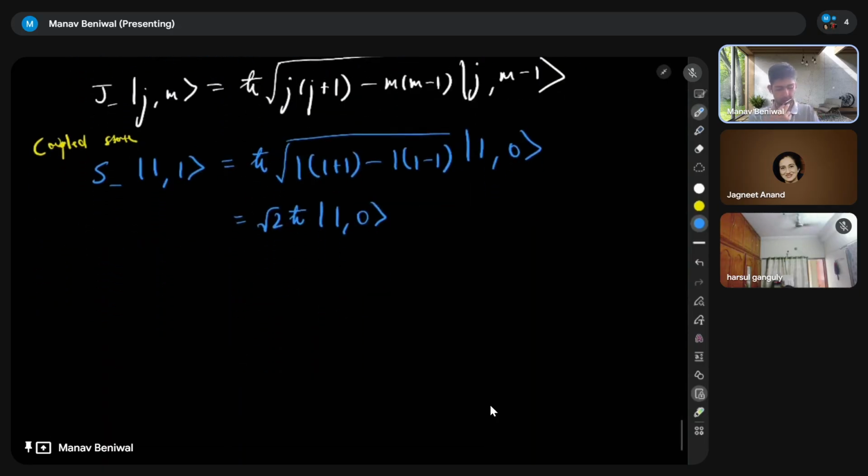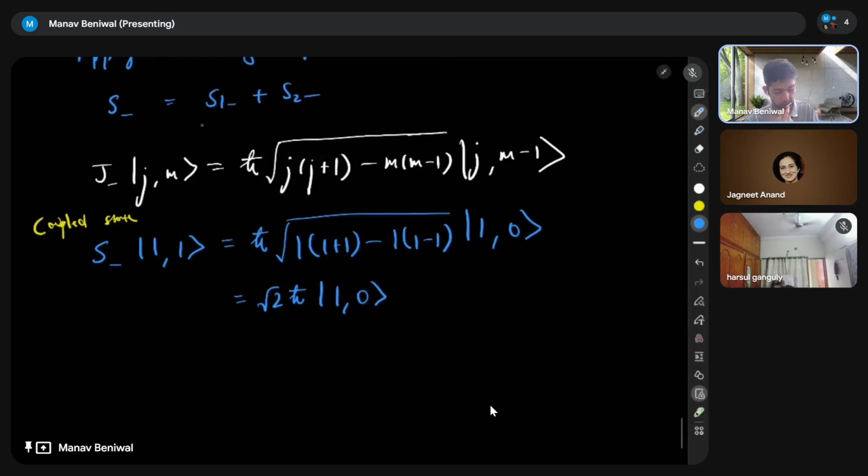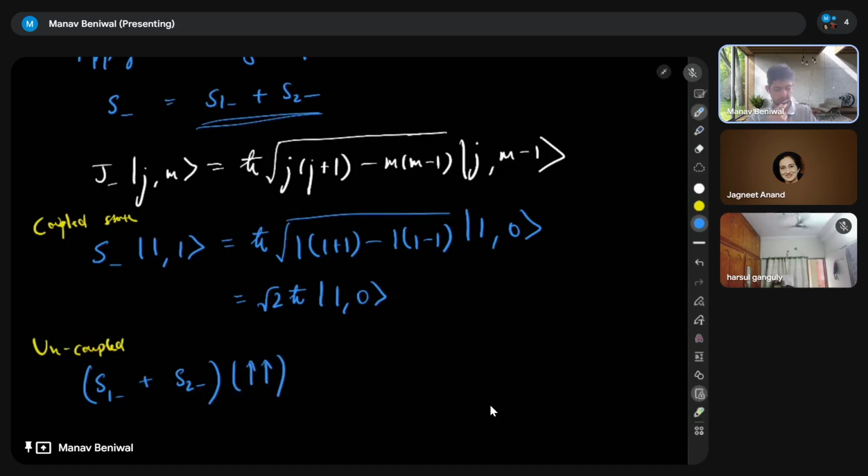Now I'll do this on the uncoupled state. For the uncoupled state, s1 minus plus s2 minus will operate on the up up spin, because this up up spin corresponds to my 1 1.